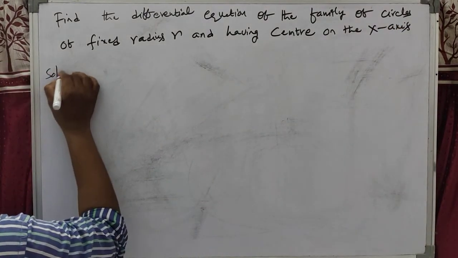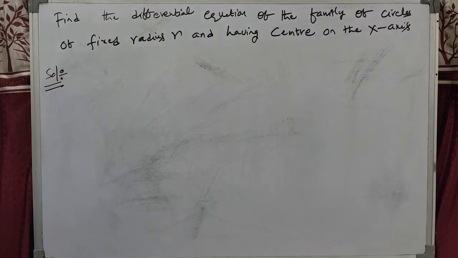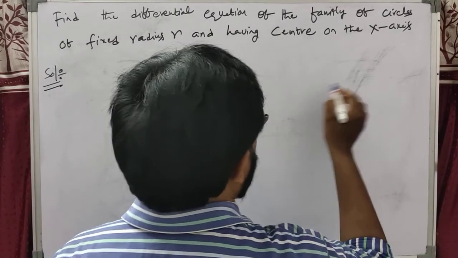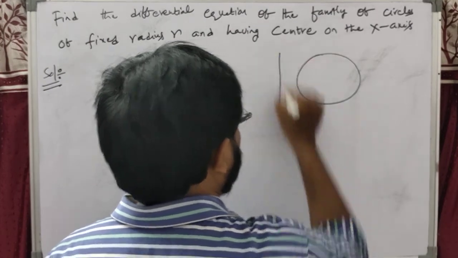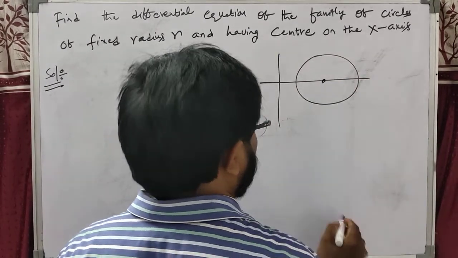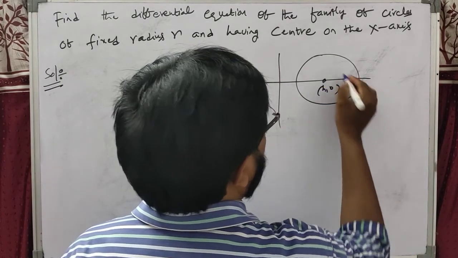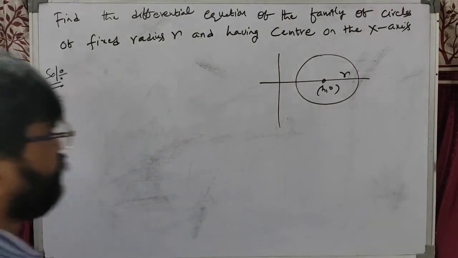Dear students, find the differential equation of the family of circles of fixed radius having the center on the x-axis. Dear students, the center is here on the x-axis. We are taking h comma 0. The radius is r.